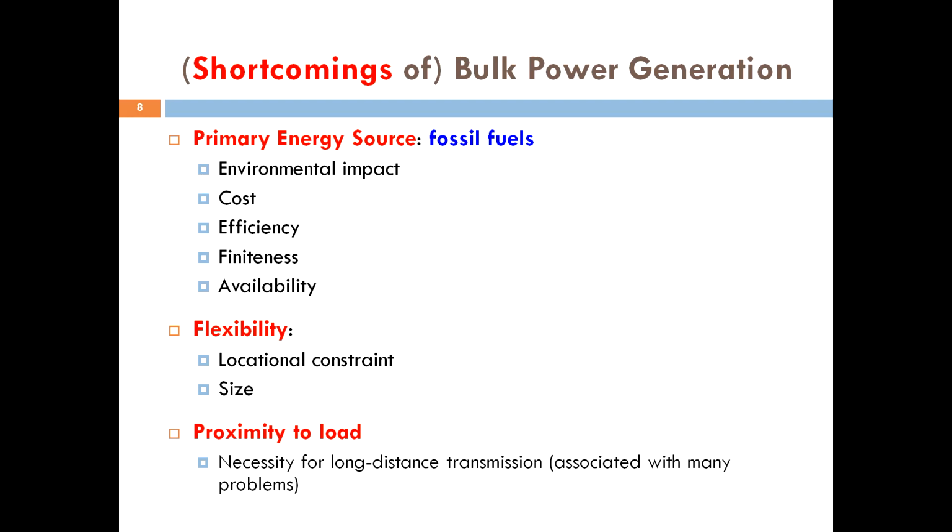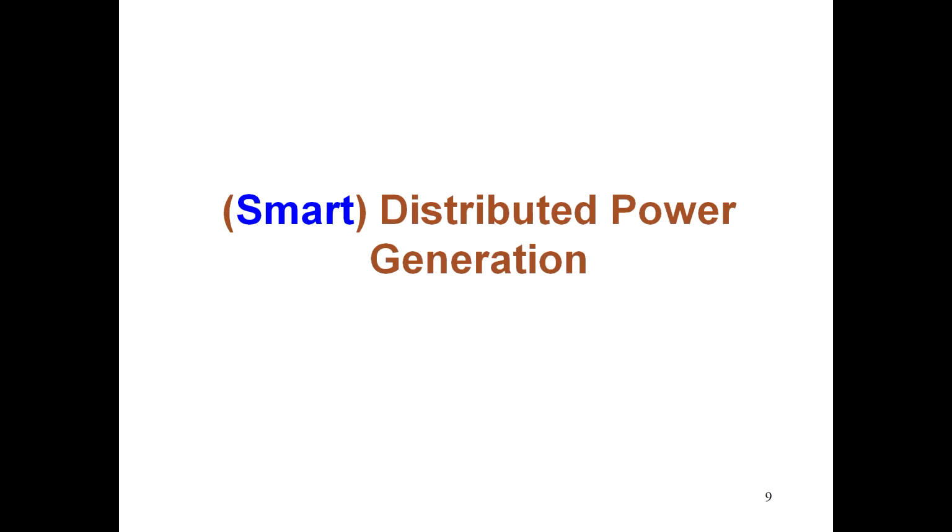So this is really a sample of some of the issues or shortcomings of bulk power generation that should cause us to consider what enhancements are possible in the power generation sector in the framework of the smart grid.